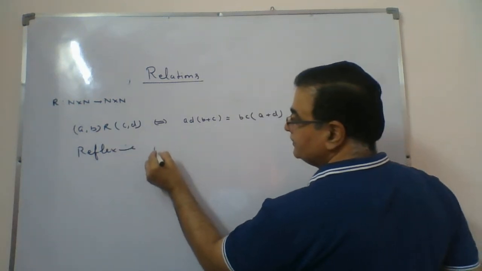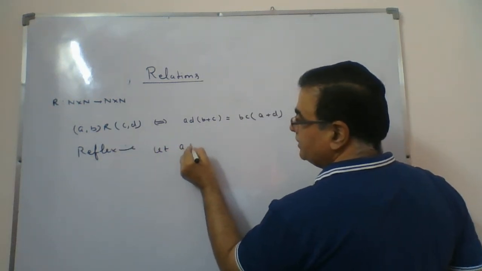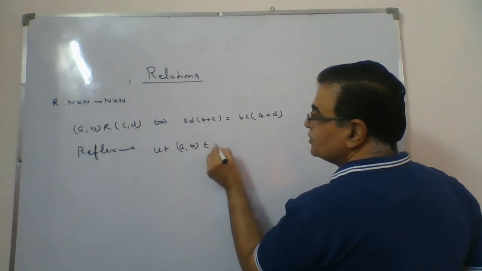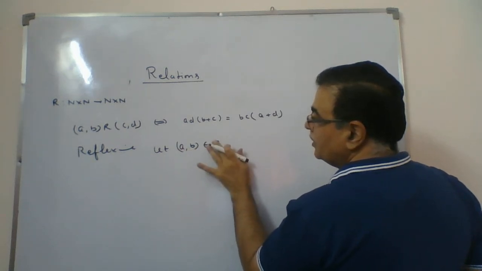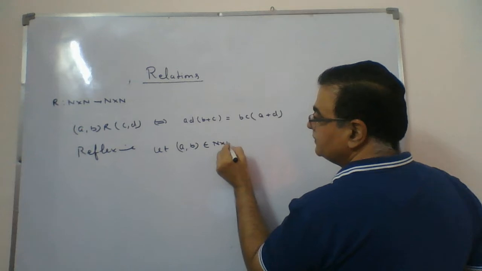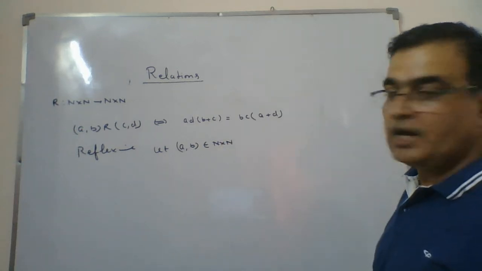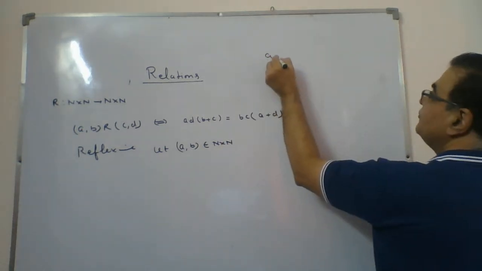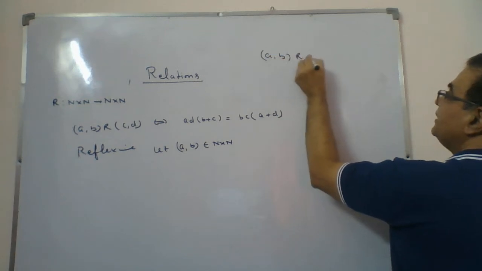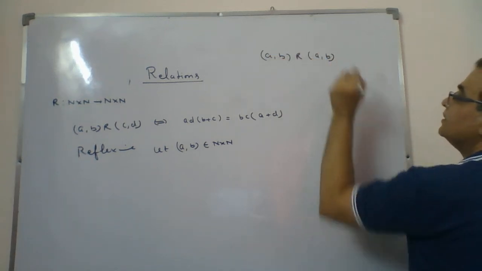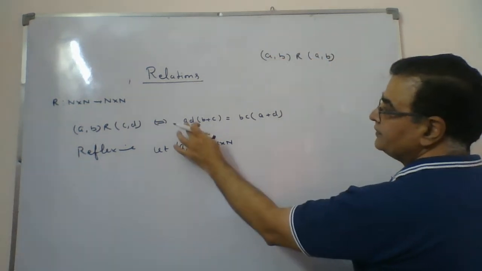In reflexive, we will start with let (A,B) belong to N cross N. And what we have to show in the question is that (A,B) relates with (A,B). Now check here what it says.